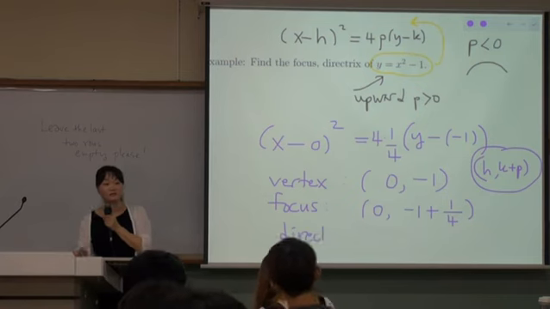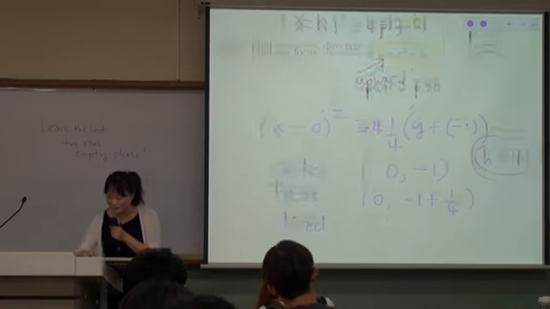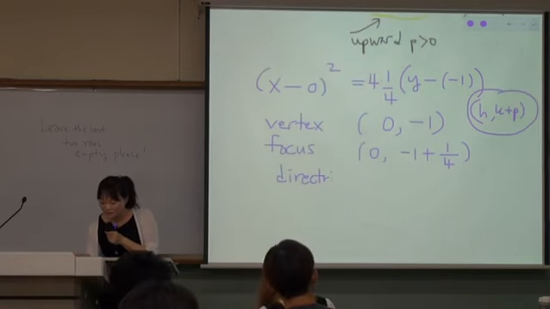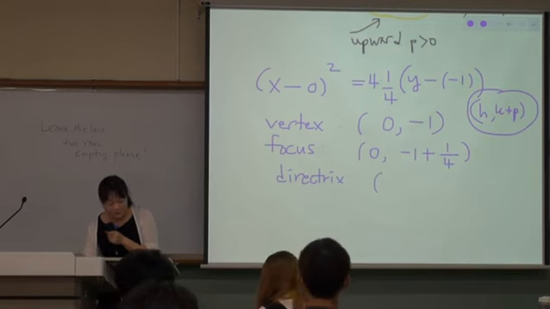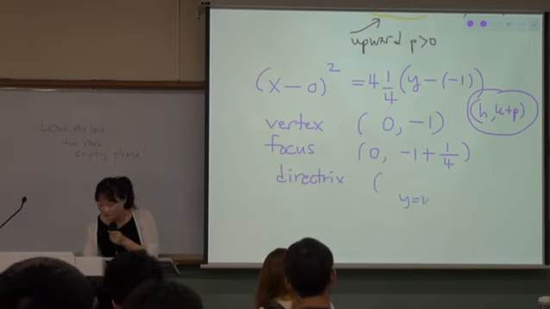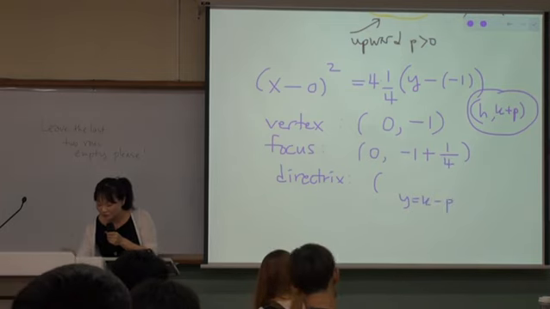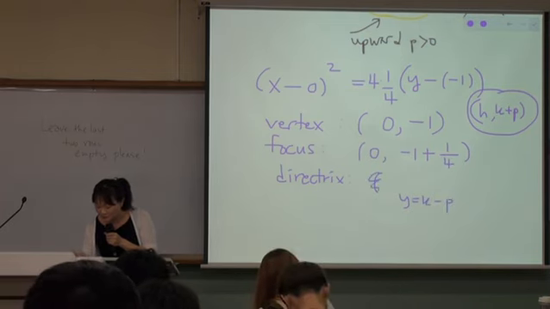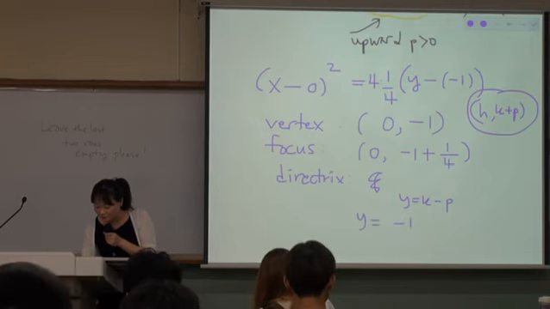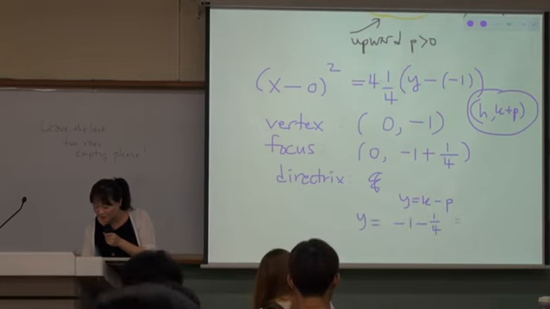Sorry. Yeah, so it is plus. The directrix is y equals k minus p, so y equals minus 1 minus 1/4, which is minus 5/4.